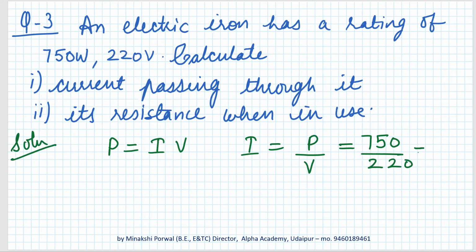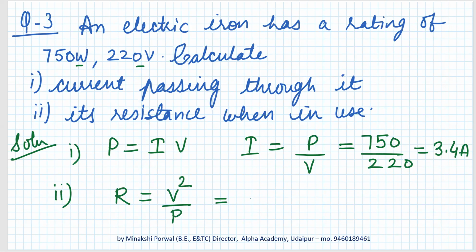So this is equal to 3.4 amperes. This is the first part. In the second part, we have to find resistance. When we have to find resistance, and power and voltage are given, we use this formula, R equals V square upon P. Or, if we have found I, we can use this formula also: V upon I equals R. Same thing.